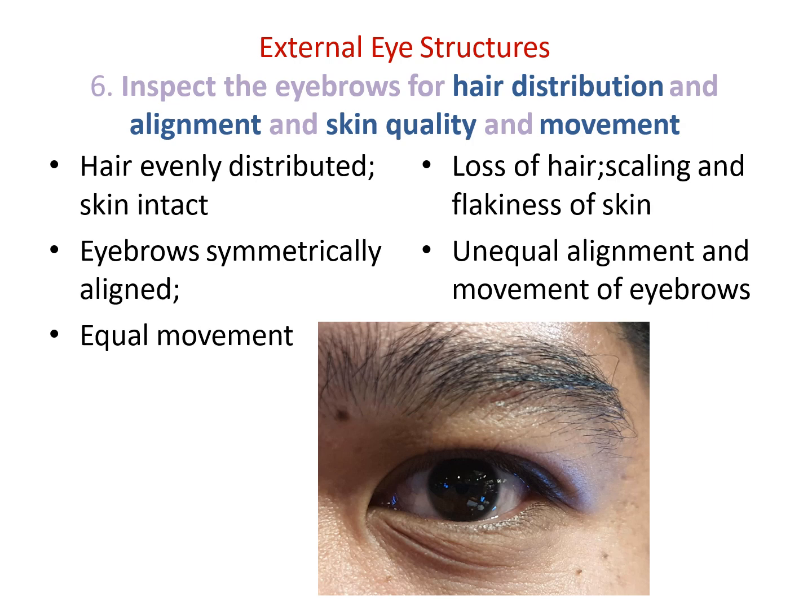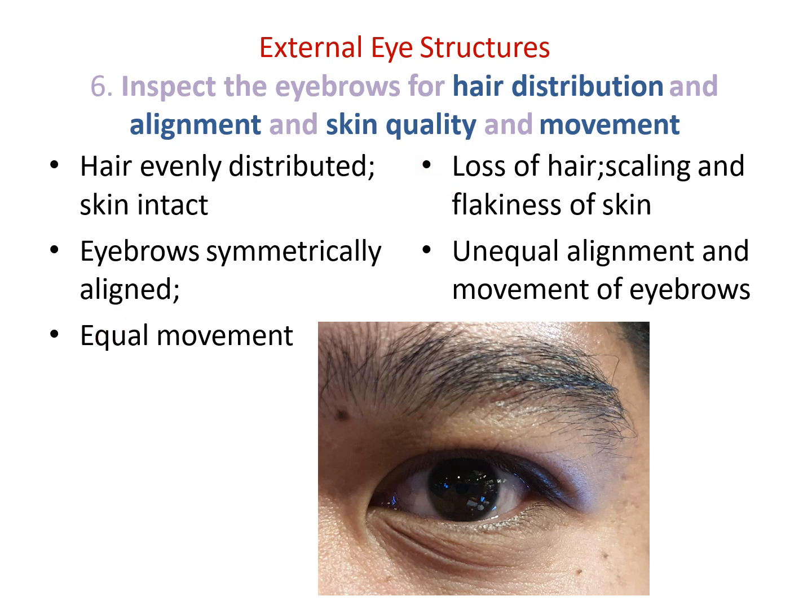So inspect for its hair distribution, alignment, skin quality, and movement. So you may ask your patient to move the eyebrows, squint their eyes, or close the eyes tightly. Normal findings could be hair that is evenly distributed, the skin, of course, intact, eyebrows are symmetrically aligned, and equally moving with the other side.